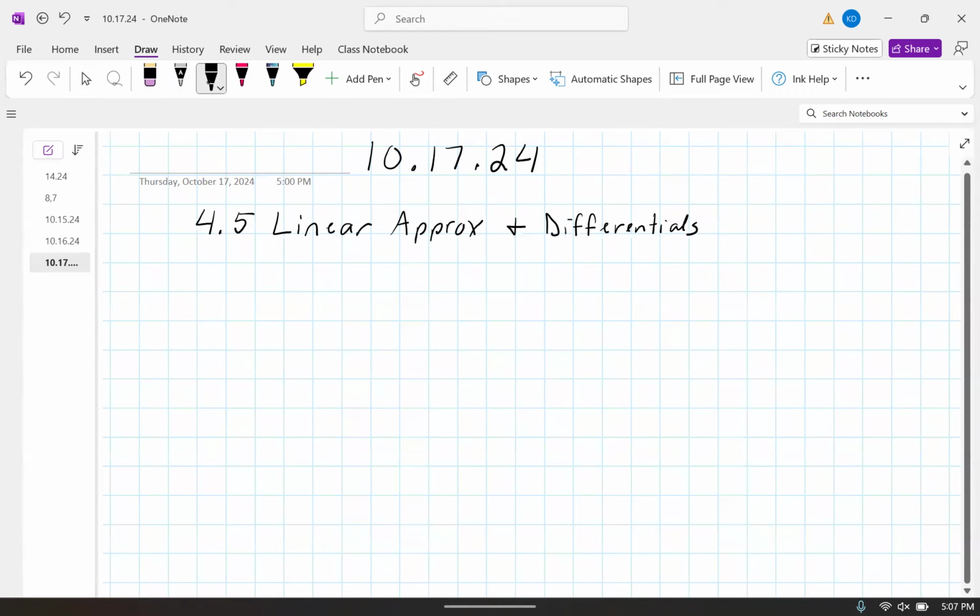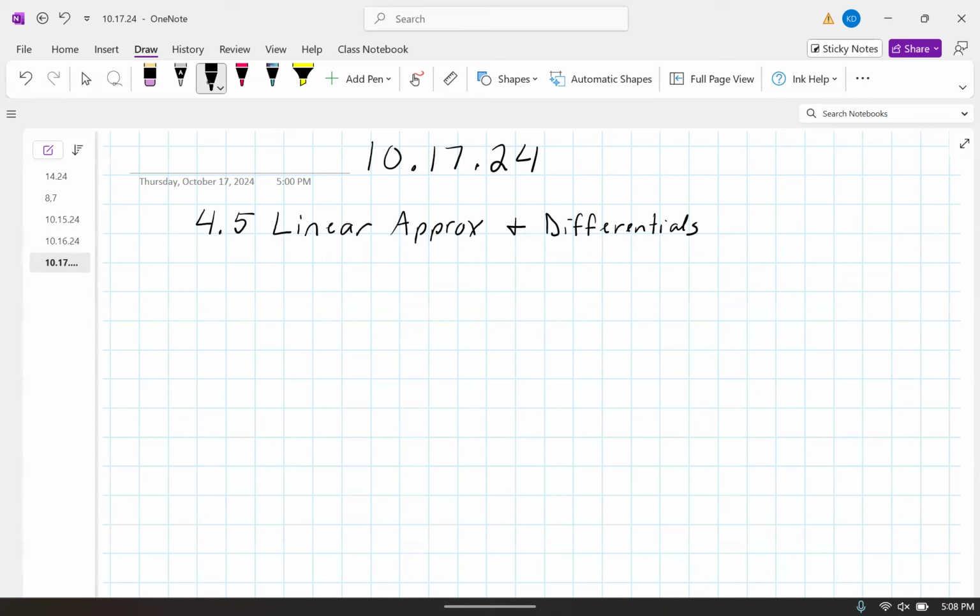Linear approximation and differentials. So this is another holdover from time long ago, I feel like. Now that we have calculators to do these linear approximations, easy. But I suppose we didn't always have that. So we have formulas to help us with this.